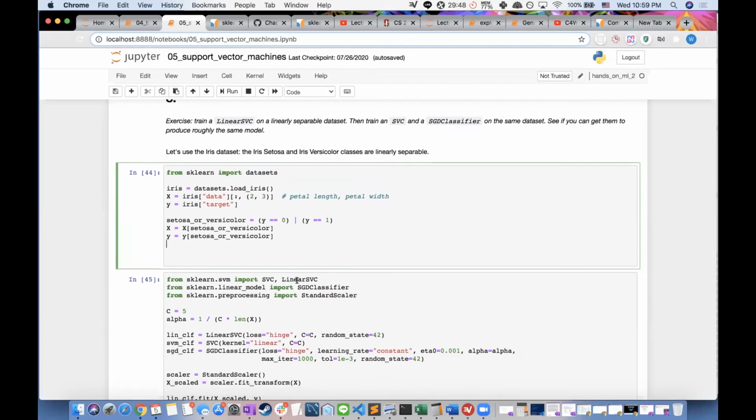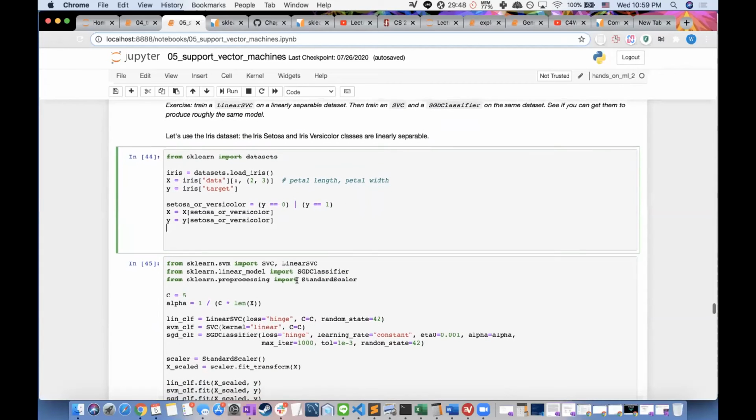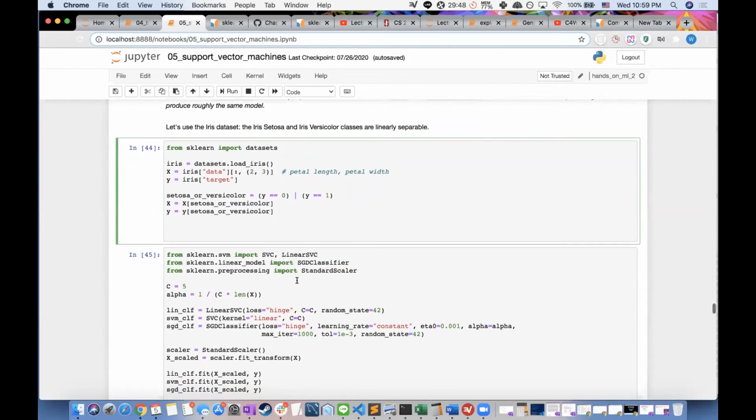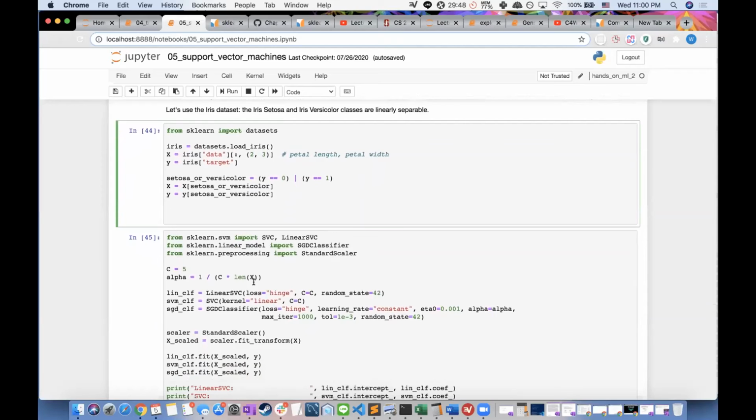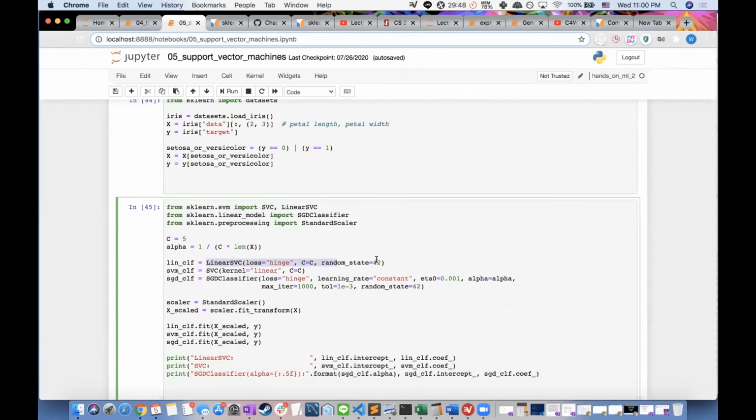So I tried using dual is false with the LinearSVC, and if you say dual is false, it actually fails. And you learn something by doing that, because dual is false doesn't work with loss is hinge, which is what he specifies.